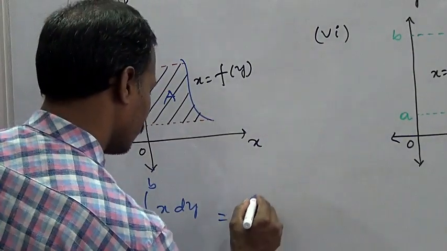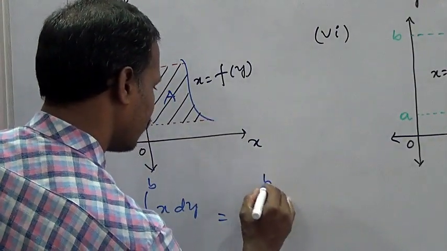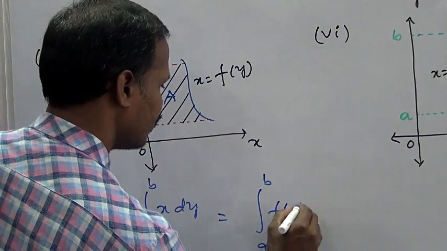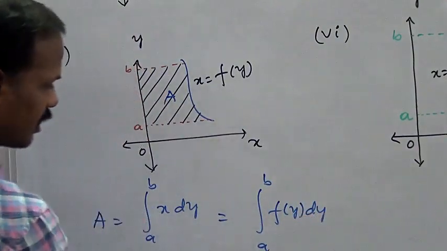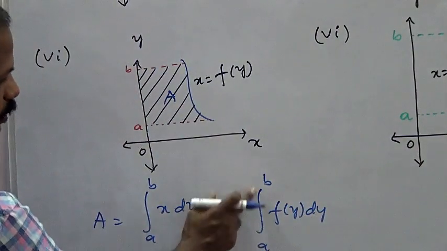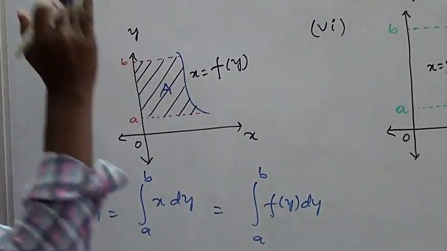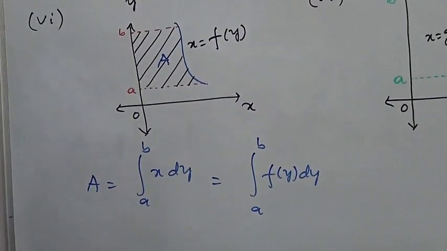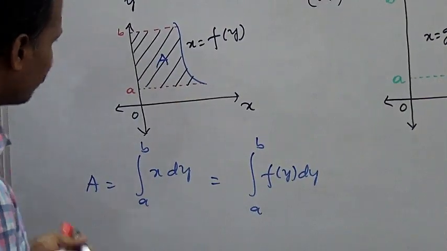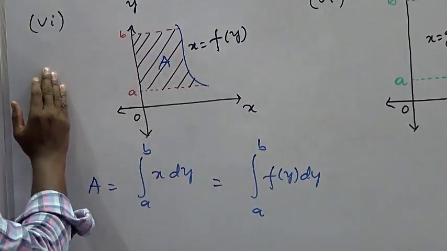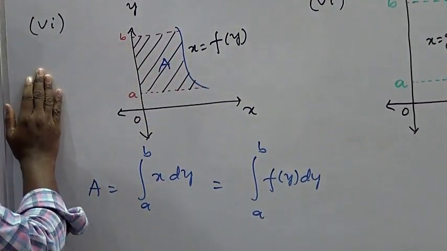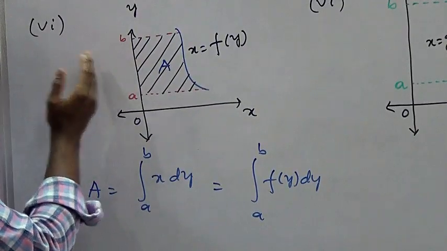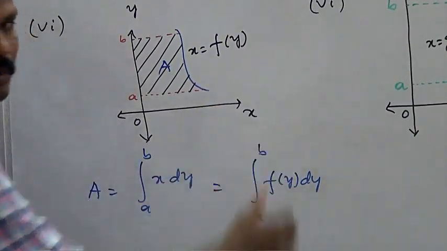So this is equal to the integral from A to B of f of y dy. Here the limits are from y equal to A to y equal to B because the limits are on the y axis. Suppose this curve is on the left side of the y axis, then it is negative, so you have to put modulus.